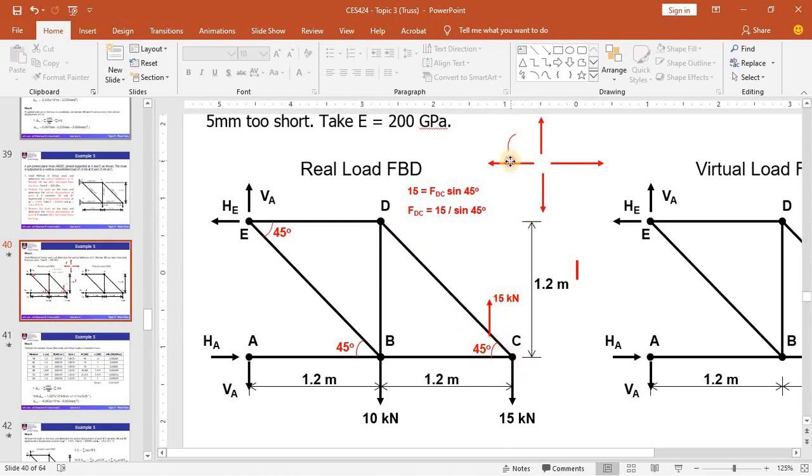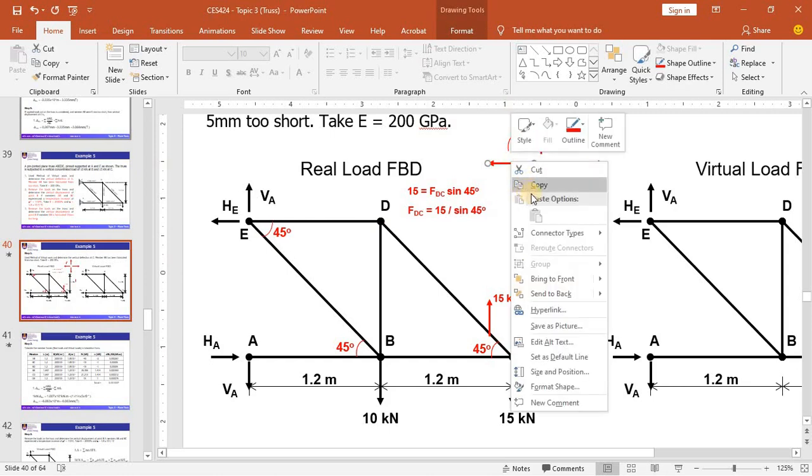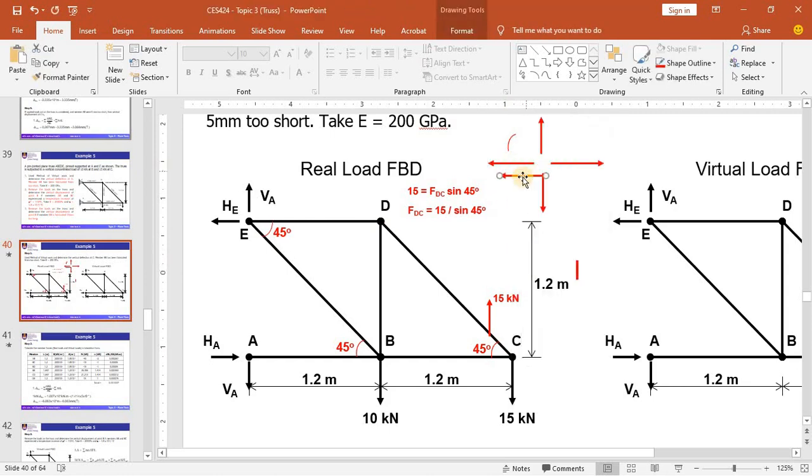You can also have a horizontal component due to this particular member. Why am I putting this arrow upwards with an amount of 15 kN in this slide? At joint C, we have 15 kN downwards, and we have components from member CD, which must balance this applied 15 kN load.